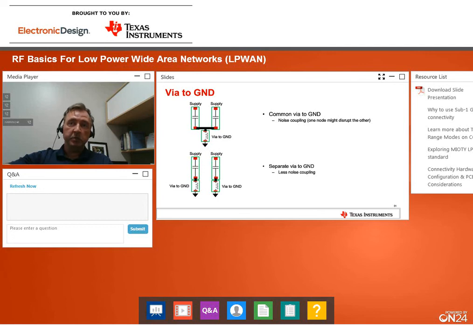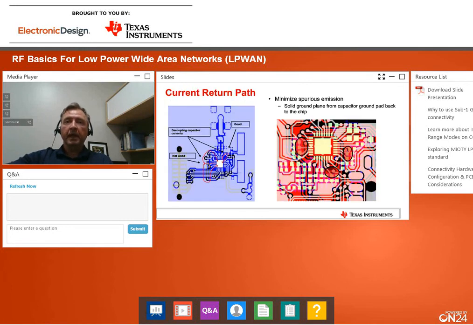This could be a digital supply, this could be an analog supply, and then you have the digital noise propagating into the analog supplies. So whenever you're doing decoupling, it is hugely important to make sure that all of these individual decoupling capacitors have individual vias to the actual ground plane.